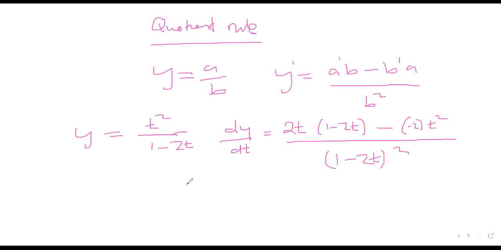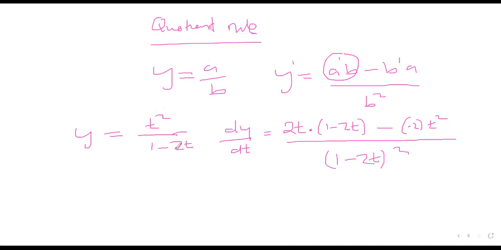I'm a bit lost. I repeat, you differentiate the numerator and multiply by the denominator as it is. So when you differentiate this numerator, t squared, it is 2t, times, you multiply by the denominator as it is, 1 minus 2t. All right, together, this is the first part here. Minus, you just start now from down.